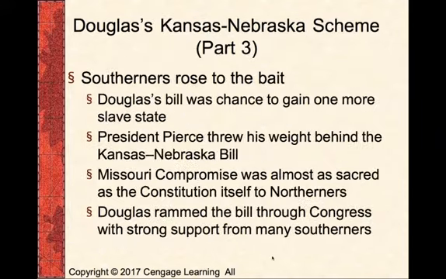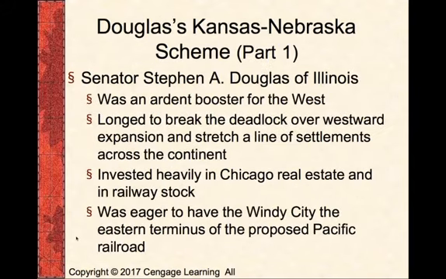So now we get to Kansas and Nebraska. This is going to be one of the last things we talk about today in this chapter. So Senator Stephen A. Douglas of Illinois, he was an ardent booster for the West, and he longed to break the deadlock over the westward expansion and stretch a line of settlements across the continent.